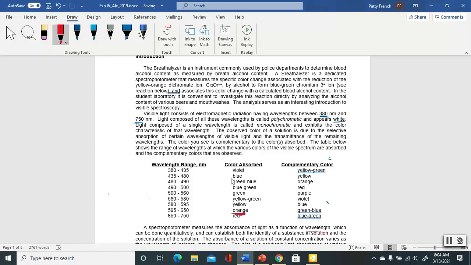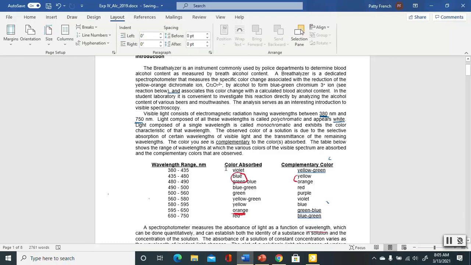And when we're looking at the dichromate solution, which is yellow-orange, the color that is actually being absorbed is in the blue-green region. So that's kind of cool. We have to remember that we see the complementary color from that which is being absorbed. Okay, so let's go on with this.